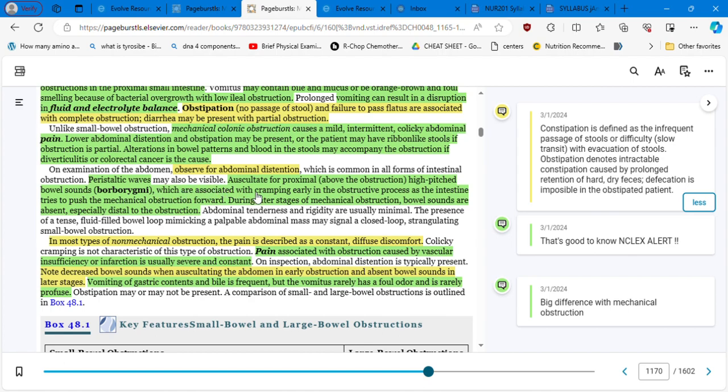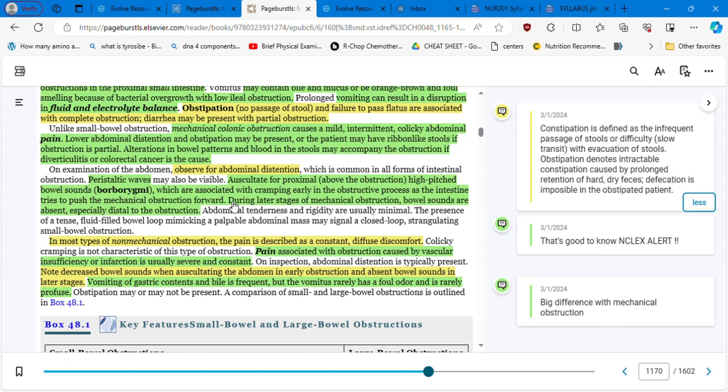These are associated with cramping early in the obstructive process as the intestine tries to push the mechanical obstruction forward. Meaning, you are going to hear high-pitched bowel sounds, borborygmi, when the obstruction is recent, okay? When the obstruction is recent, you hear high pitch because there is increased peristalsis, a lot of contents and movement, trying to help the intestinal content go through.